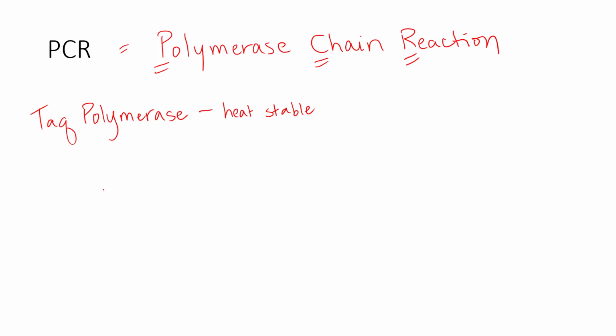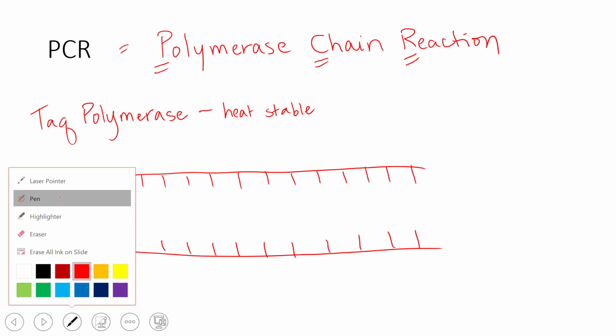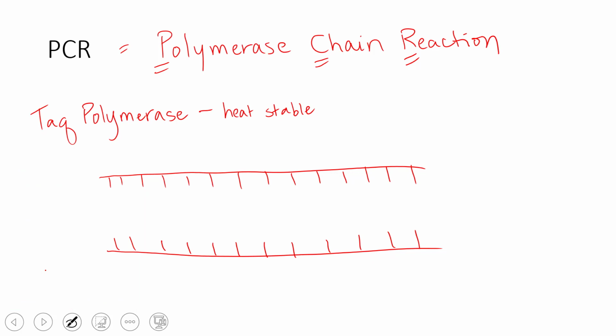So what happens is you have your target DNA sequence, and the heating purpose is to denature the DNA or unzip it. So we would unzip the DNA, and then if you have your particular target sequence that you want to amplify, you have these little short segments we call primers.